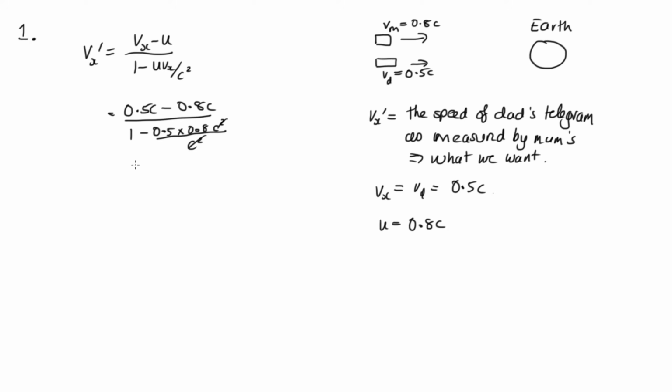These c squareds cancel out, and so we end up with minus 0.3c over 1 minus 0.5 times 0.8, so that's 0.4. And so we've got minus 0.3c over 0.6, and so that's equal to minus 0.5c. Okay, so that's how we solve 1.